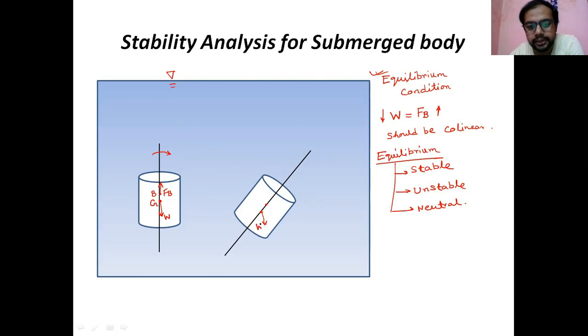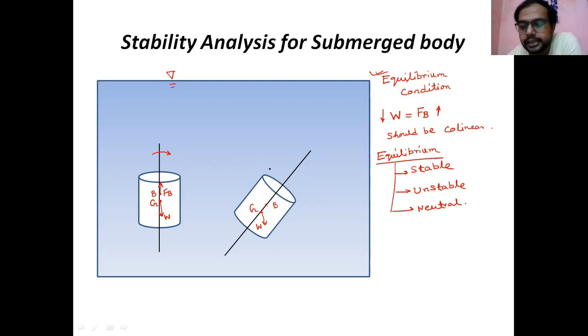So now W is acting at G. And the center of buoyancy also will not change because the body is fully under water, so the amount of displaced liquid is the same. We just changed the equilibrium condition.